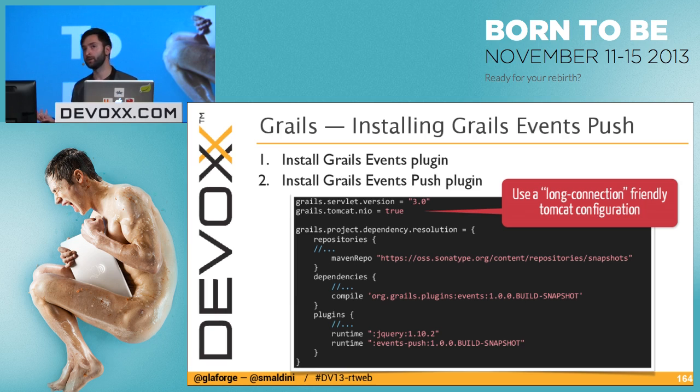If you still use the blocking default HTTP connector in Tomcat, you might miss some performance improvements. The servlet version is interesting as well if you want to use the latest features. In fact, it enables Atmosphere to use some of the features like detecting disconnect from the browser.